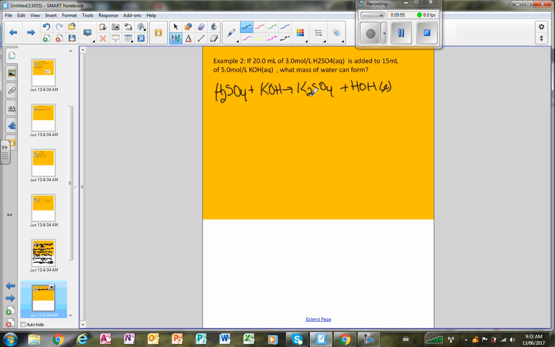We have 2 potassiums here, so we need to write a 2 for the 2 Ks here. That then means we have 2 hydroxides. We have to write a 2 here, 2 hydrogens, and 2 hydrogens. Now we're balanced. We're going to write down our given information. And 15 mL. Whoops.